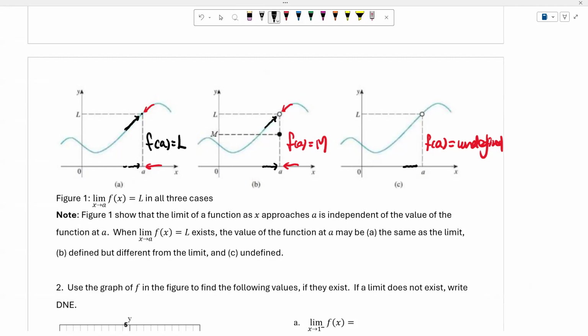As x approaches a from the left-hand side, the output is getting closer to L. As x approaches a from the right-hand side, the output again is getting closer and closer to L. So those three conditions show that the limit exists and the limit is equal to L.